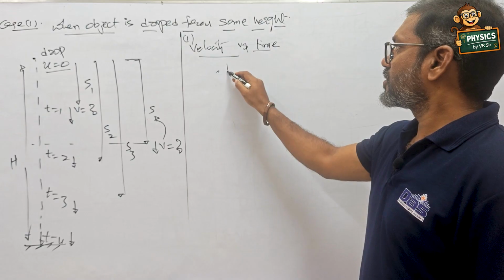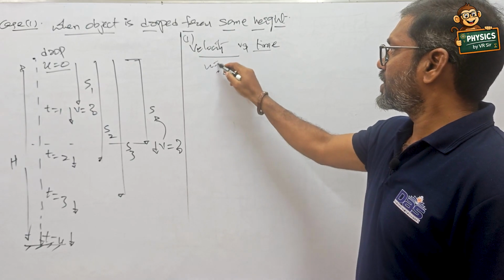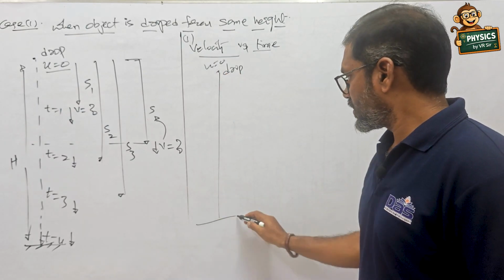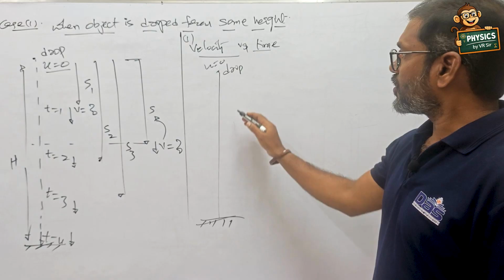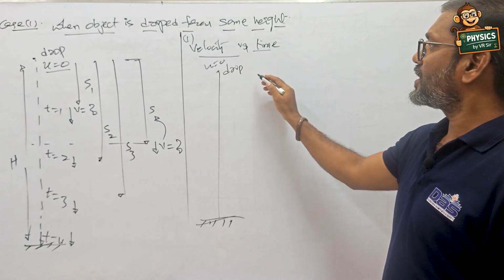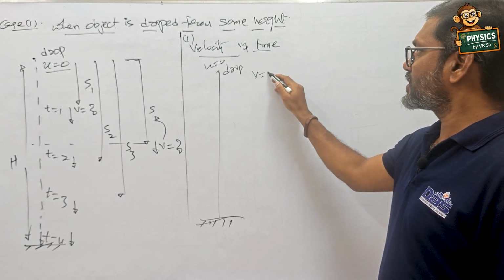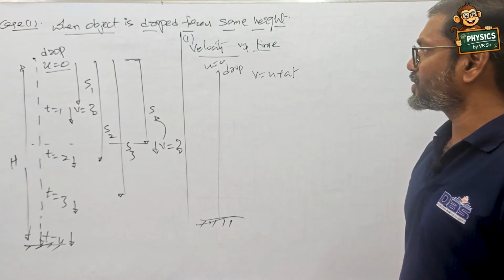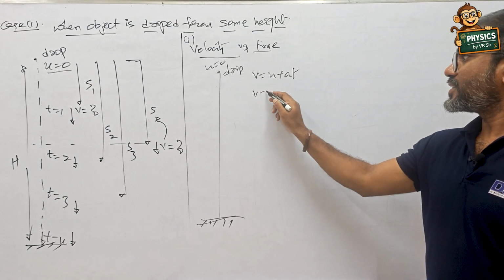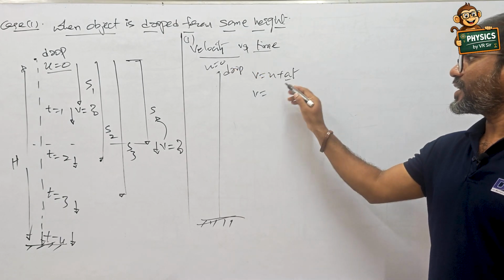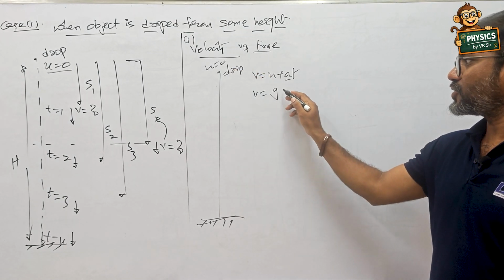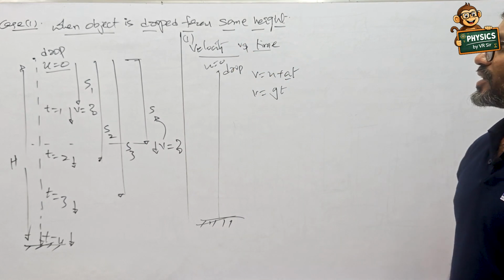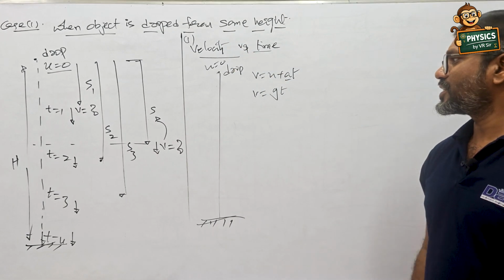Take a drop, initial velocity is 0, and it reaches the ground. My intention is to find the velocity. First of all, write the equation for velocity: v = u + at. Use this formula. Here the initial velocity is 0, and the acceleration is the acceleration due to gravity, because we are studying motion under gravity itself.